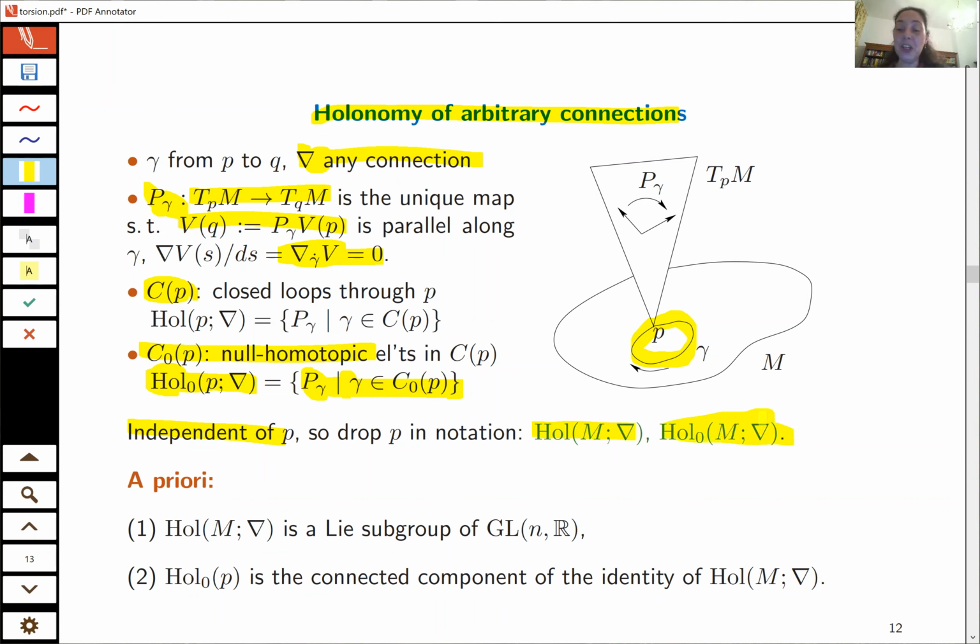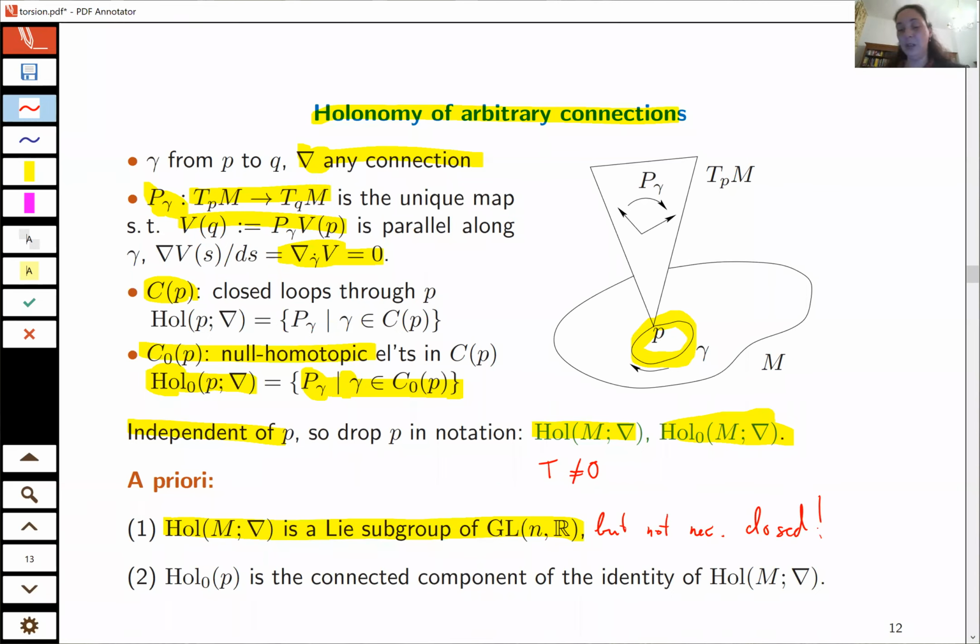Now, all these things you know from the differential geometry courses. But if now the torsion T is non-zero, which I implicitly assume all the time, then you can still state this is a Lie subgroup of GL(n,R), but not necessarily closed.